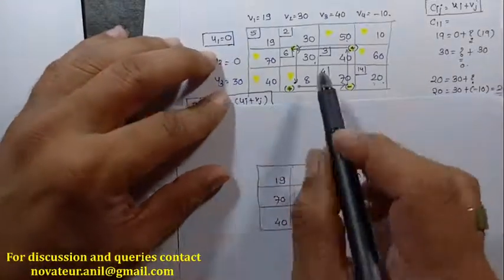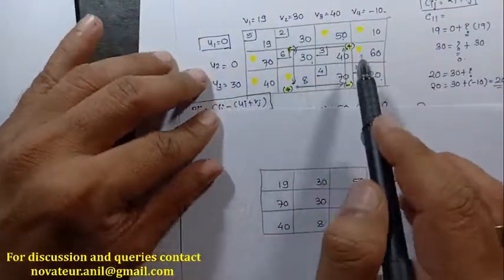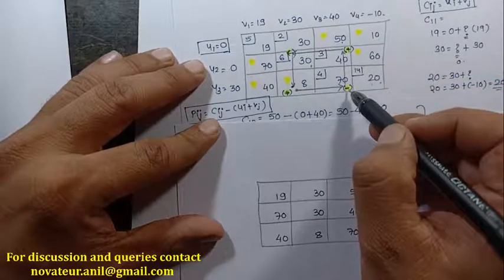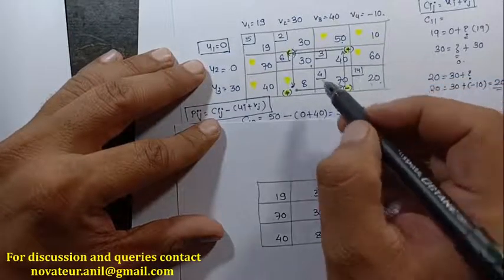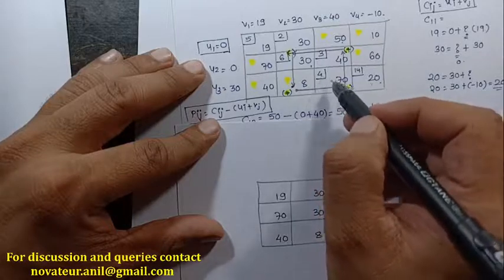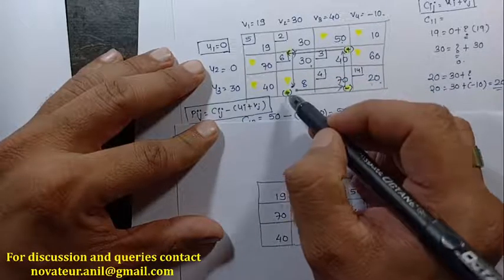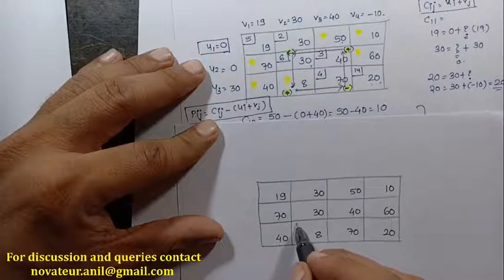Now these are participating in the closed loop. Here, for the negative sign, out of 4 and 6, the smaller one is 4, so I have selected 4. Here it is plus, so I'm going to add that 4 here.